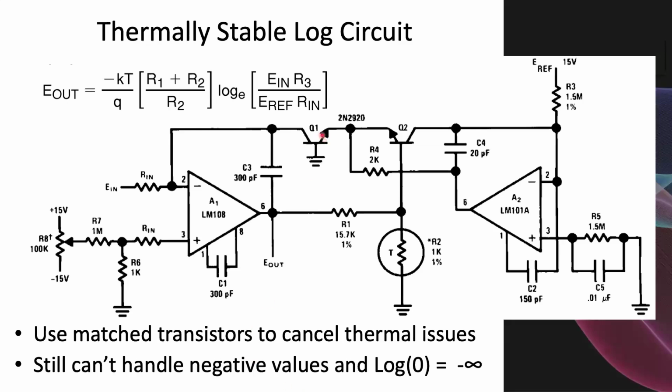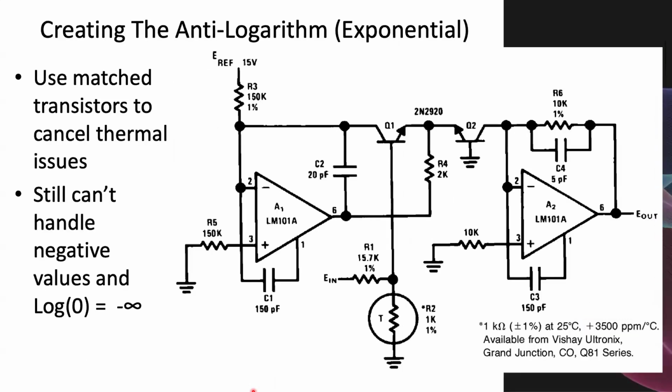Well, the answer is we use two transistors, one as a reference to the other, and ideally these sit on the same piece of silicon and are intimately coupled, so they're essentially at the same channel temperature. If we do that, we can actually cancel out any thermal issues, but we still can't handle negative voltages and log of 0.